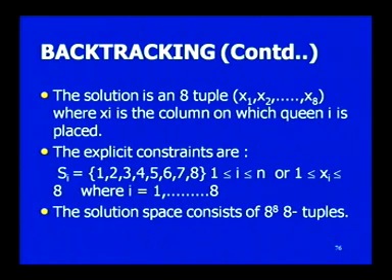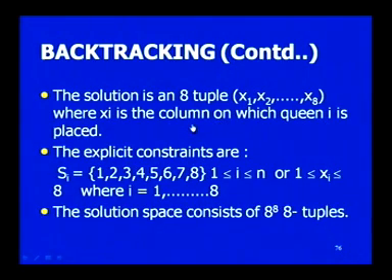So, 8 queens are there. I am going to define an 8 tuple, x1, x2 up to x8, where xi is going to be the column on which queen i has to be placed.